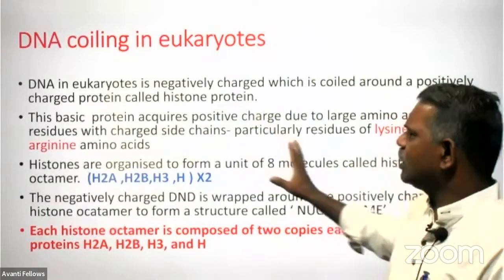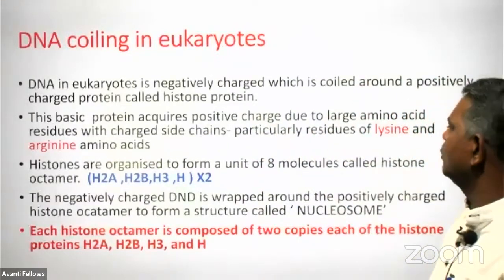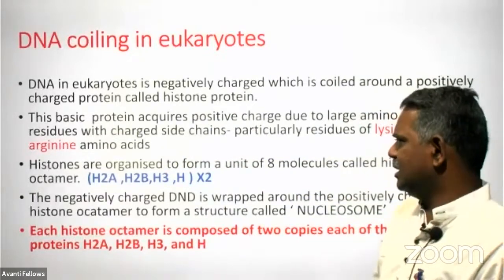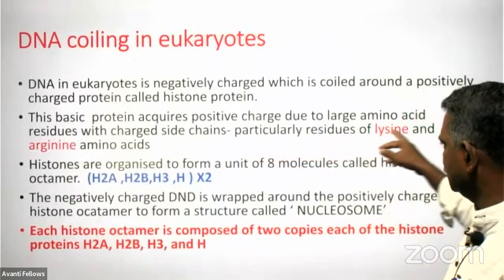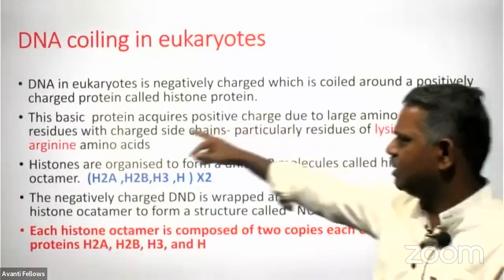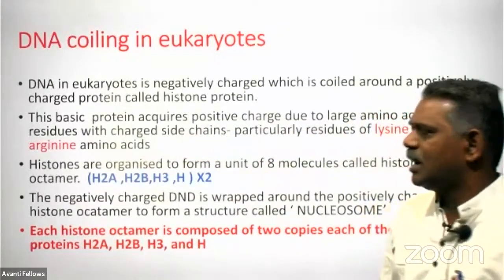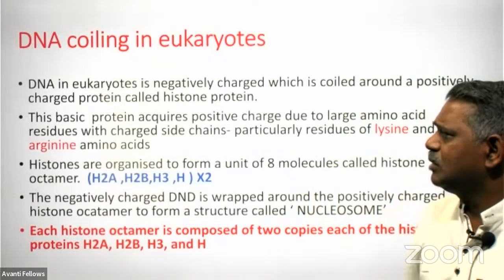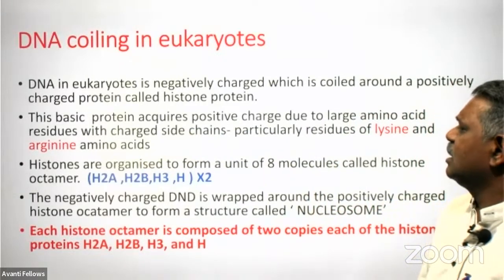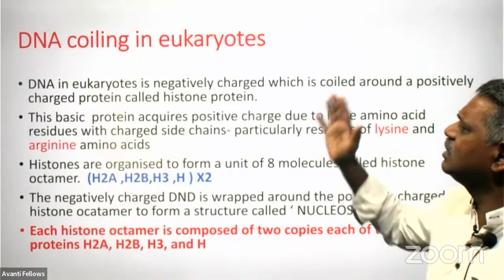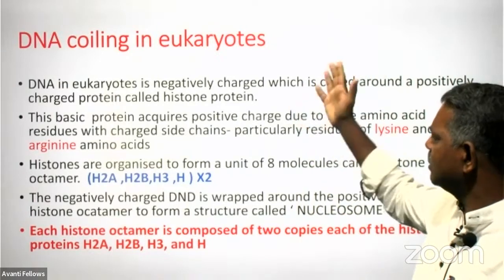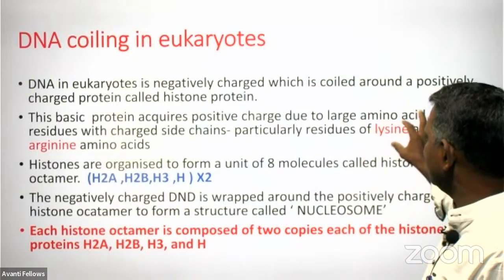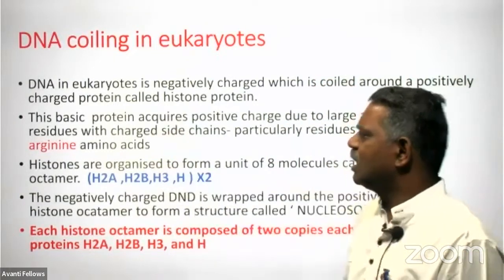So the basic protein acquires positive charge due to large amino acid residues with a charged side chain, particularly the residue of lysine and the residue of arginine. This question was asked in the first term examination: which are the amino acids present in this positively charged histone protein? The residue of lysine and the residue of arginine.